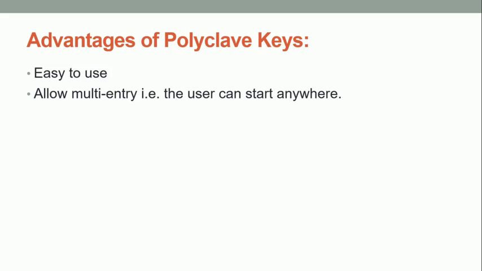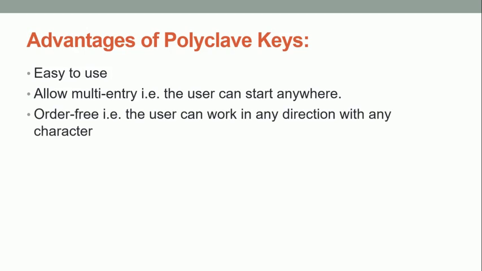The starting point can be decided by the user. There is no order, so you do not have to follow an order like in a dichotomous key. The user can work in any direction with any character. Due to this, the process of identification becomes faster. So they are faster keys.